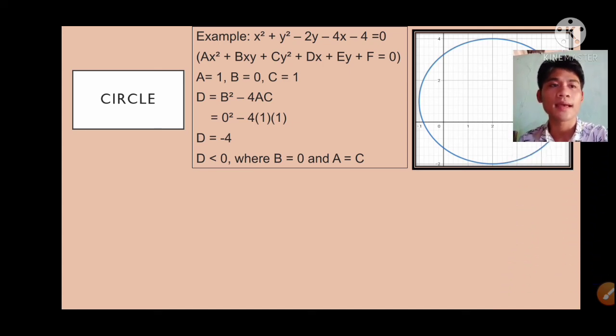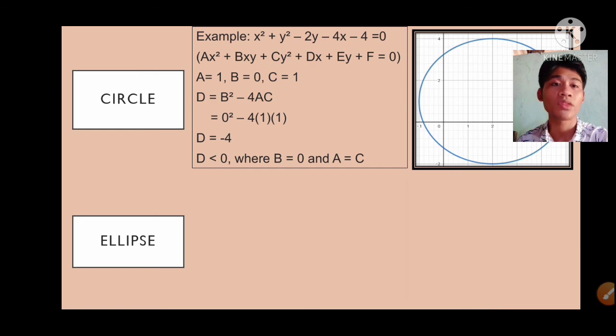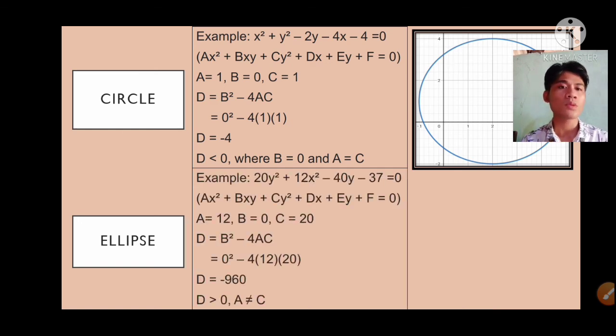Next would be the ellipse with this equation here: 20y squared plus 12x squared minus 40y minus 37 is equal to 0. Again, the standard form is just ax squared plus bxy plus cy squared plus dx plus ey plus f is equal to 0. As you observe in the given 20y squared plus 12x squared, we need to rearrange the given equation for us to find the values of a, b, and c.